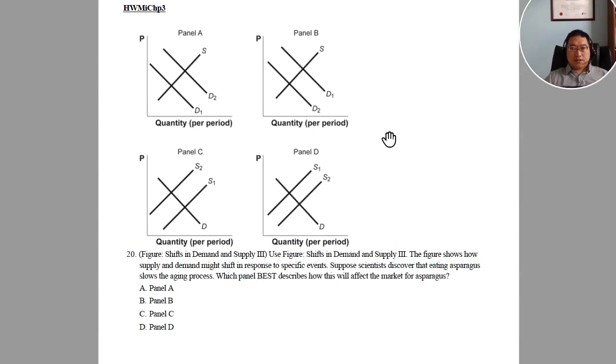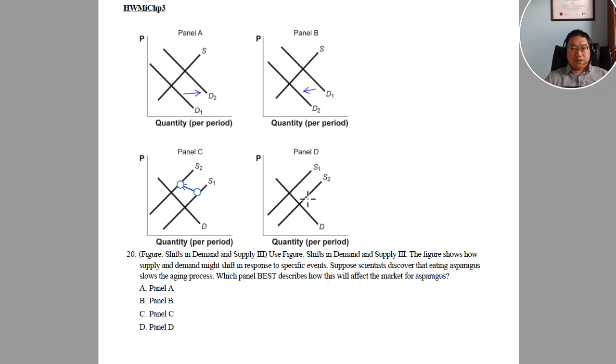Okay, let's look at question 20. Now this one, you have panel A is an increase in demand. Panel B seems to be a decrease in demand. Panel C is a decrease in supply.